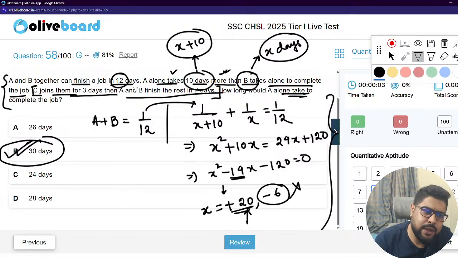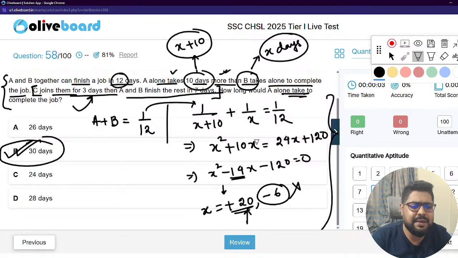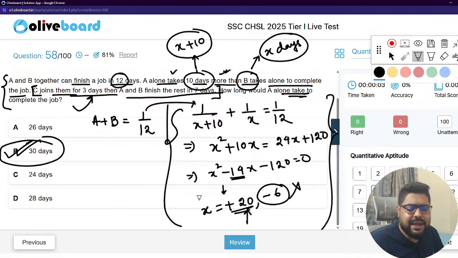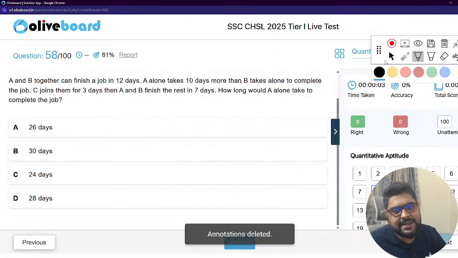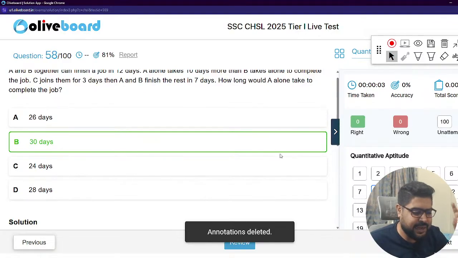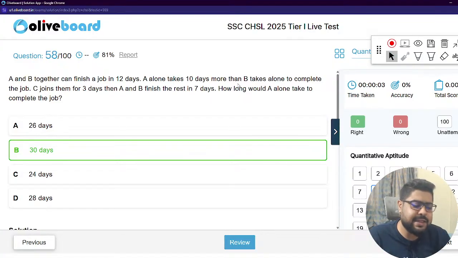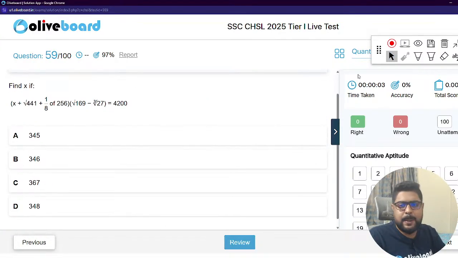If we needed to use some data from here, then it might have been different. But this was the first thing that came to my mind in the moment. Everybody clear? Now when to use this? Whenever you see this more or less thing, it's better you do it like this. Perfect. Chalo.